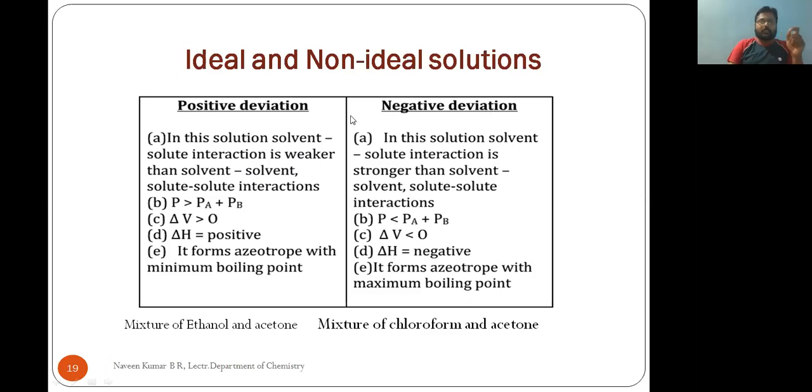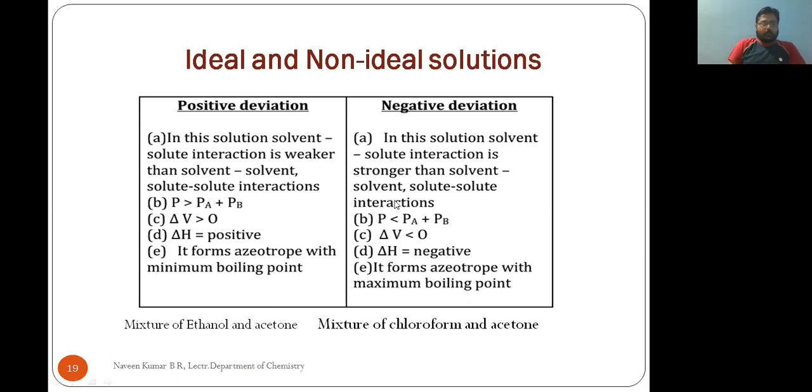So in positive, the solute-solvent interaction will be weaker, whereas in negative deviation it will be stronger. Now you can think of the same attractive forces to remember the next differences and to understand them.